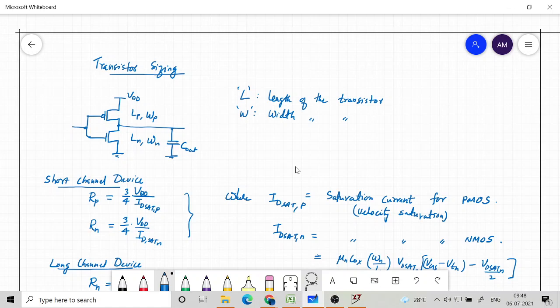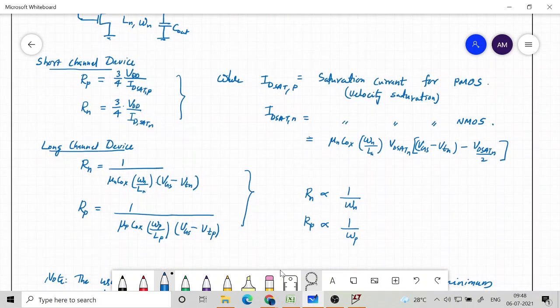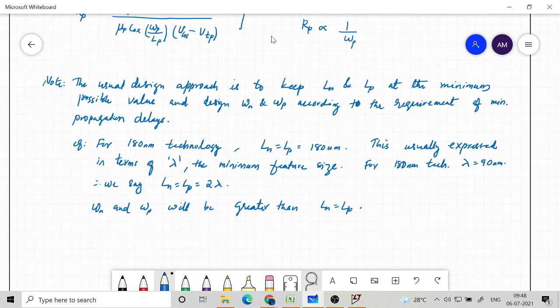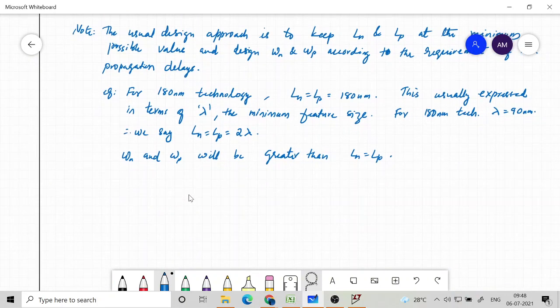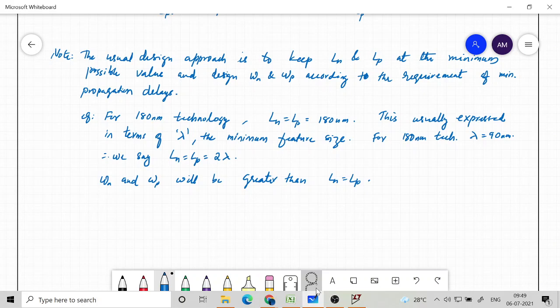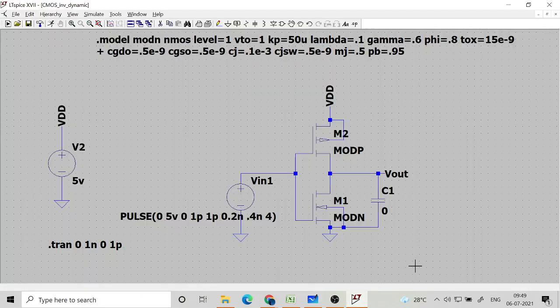If the area is small, then you can make several such chips in a given area, so that will bring down the cost per circuit. So that needs to be conserved. That is why we always keep the channel length at the minimum, and then depending upon the delay requirement, we vary the Wn.